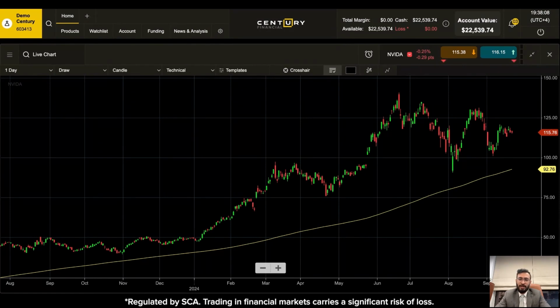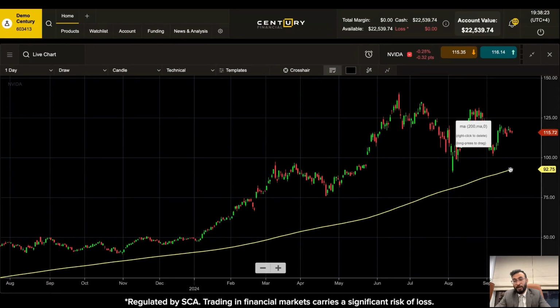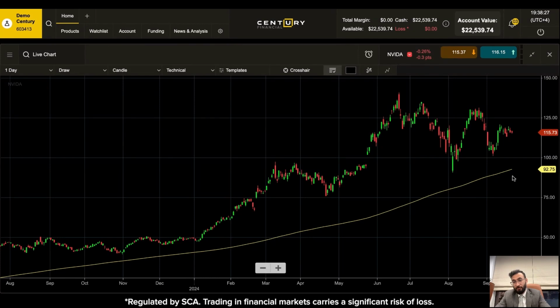This will have a very significant impact if the stock price of Nvidia were to drop and reach around 100 or 92, very close to its 200-day. That indicates a good buy signal. But if it breaks this 200-day moving average and falls below 92 and goes to 89 or 88, that could spark a bearish trend in Nvidia.